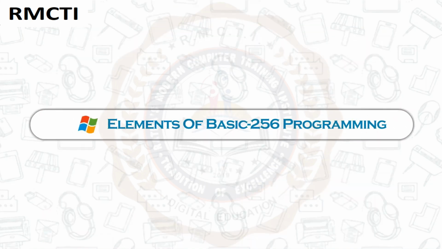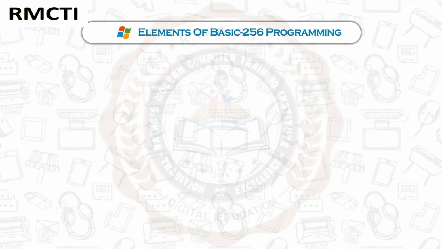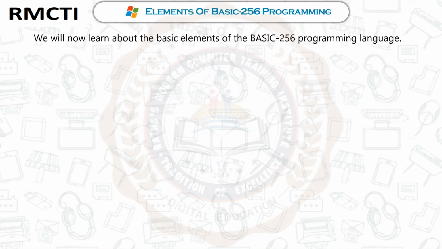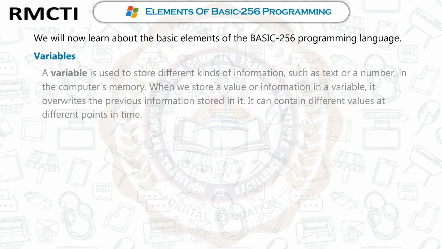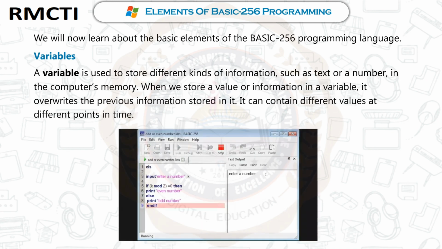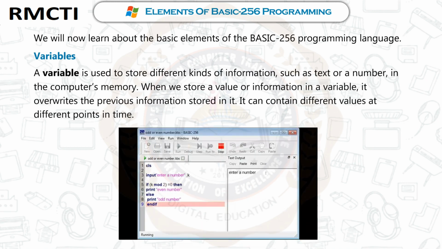Elements of BASIC-256 programming. We will now learn about the basic elements of the BASIC-256 programming language. Variables. A variable is used to store different kinds of information, such as text or a number, in the computer's memory.